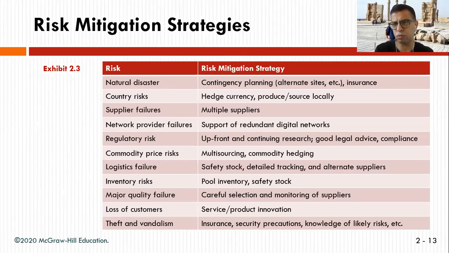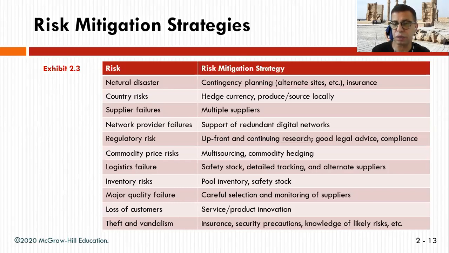They would rather sell it at $0 per barrel than keep it in storage and have it cost them $10 per barrel or something like that. So that is where you start thinking of commodity price risk, multi-sourcing and commodity hedging.